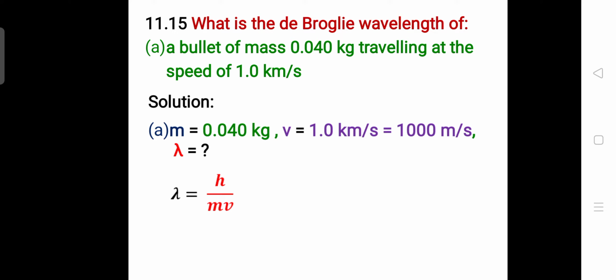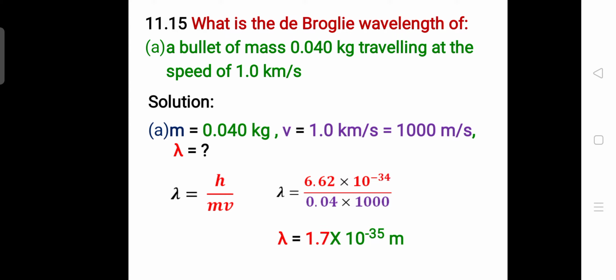Mass is given, speed is given, and h is a constant. Put all the values like this. h is 6.62 into 10 raised to power minus 34, and mass is 0.04 and speed is 1000 meter per second. On solving, we will get 1.7 into 10 raised to power minus 35 meter.